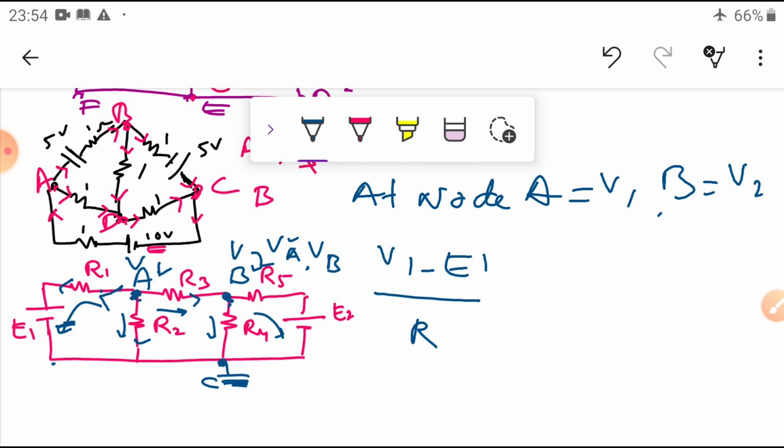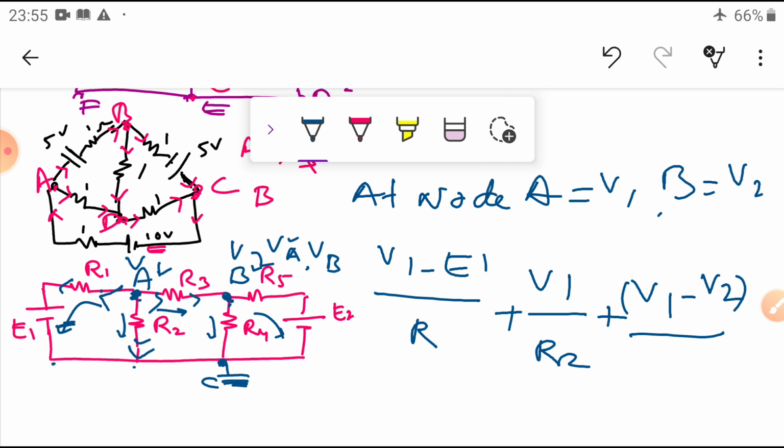Now plus V1 by R2, this is the current. Now this current I require, plus V1 minus V2 divided by the resistance, the common resistor R3, equal to 0. This is the equation, a simple equation.